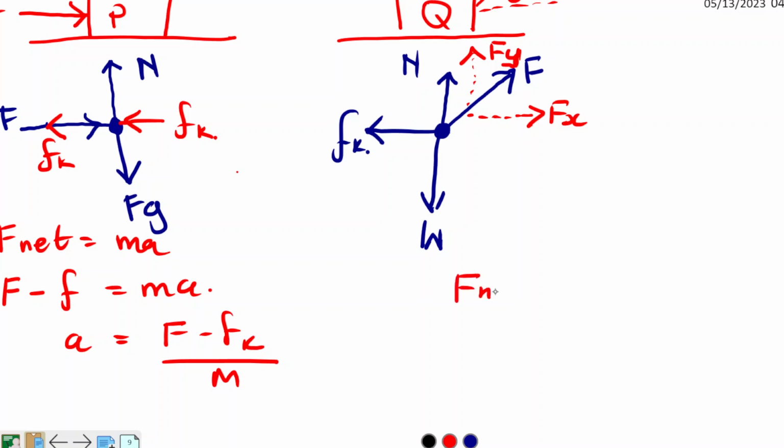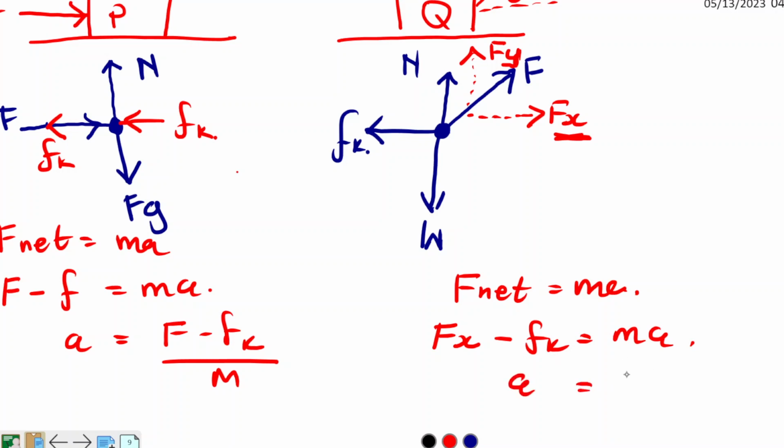But let's look at the block Q. If we do the second Newton law on this one, we have the horizontal force, which is F of X, minus the kinetic frictional force equals to mass times acceleration. So the acceleration on this one would be F of X minus the kinetic frictional force divided by the mass.